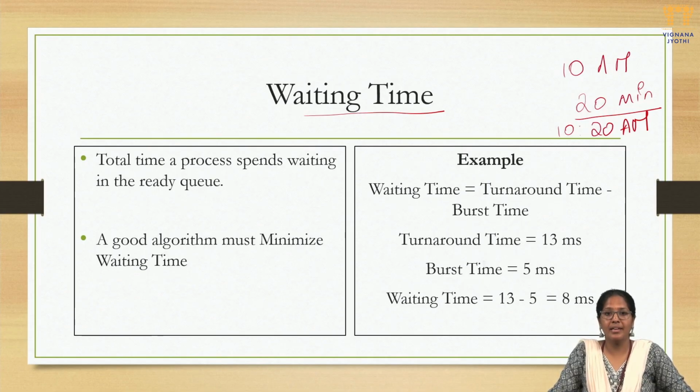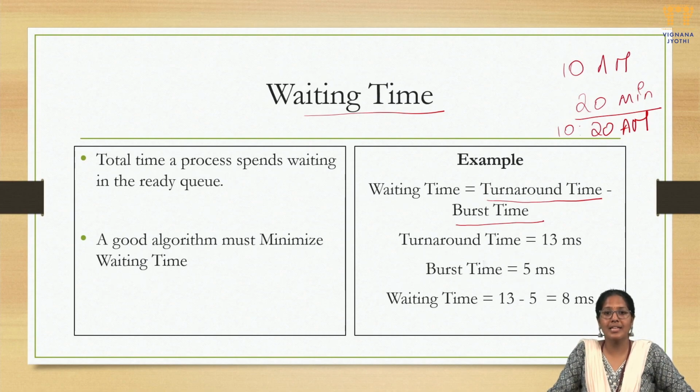Waiting time can be calculated by using the following formula: waiting time is equal to turnaround time minus burst time. Here, the burst time represents the actual CPU execution time required by the process.